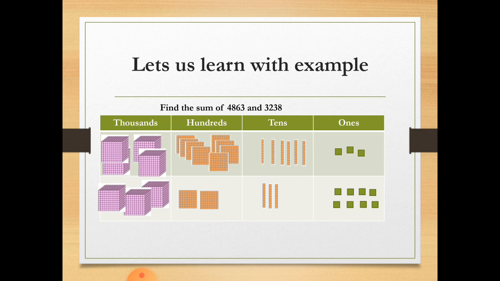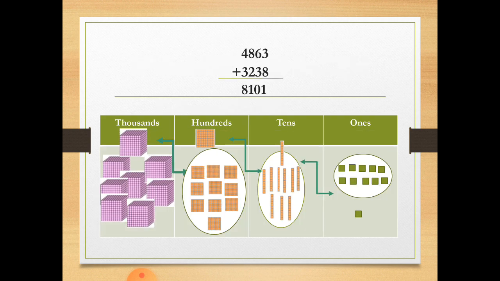Now represent the numbers in the base ten block system: 4,000 for the first number, 3,000 for the second number, 800 for the first number, 200 for the second number, 6 tens for the first number, 3 tens for the second number, 3 ones for the first number and 8 ones for the second number. Now start addition.